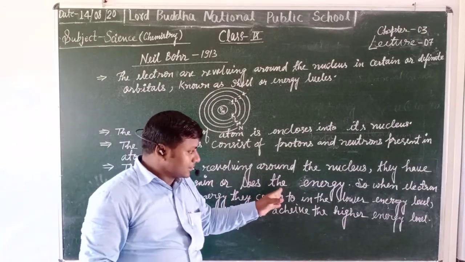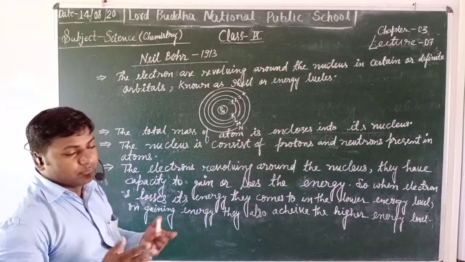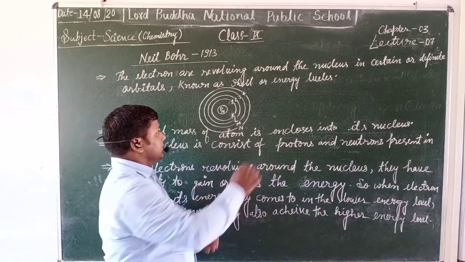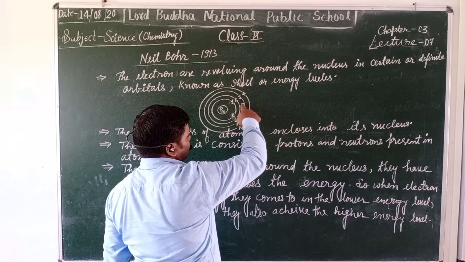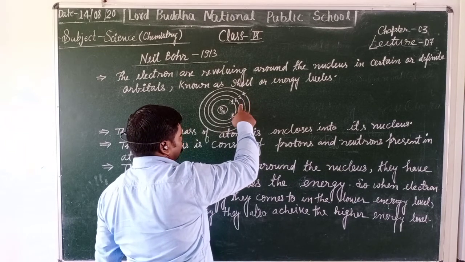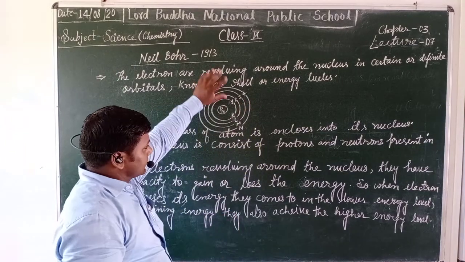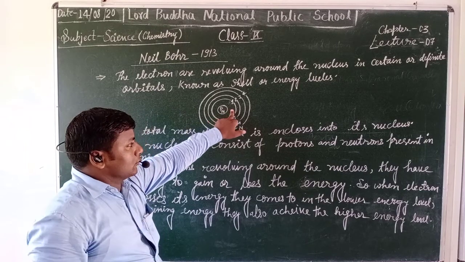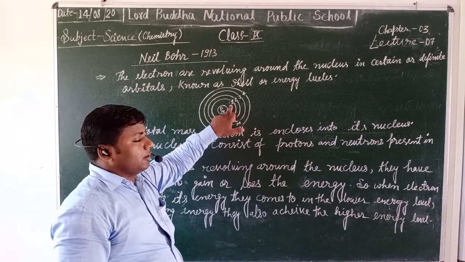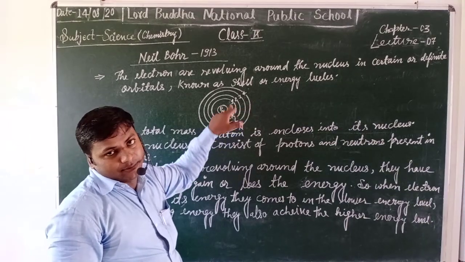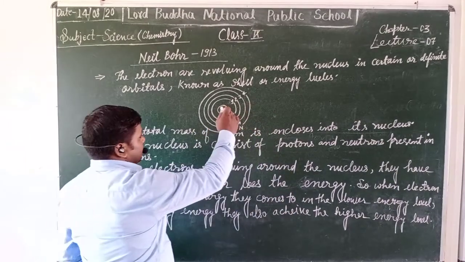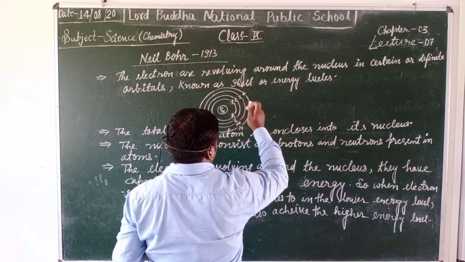If they lose their energy, then they shift down to a lower shell, or lower orbital, or lower energy level. Students, these orbitals are known as energy level, orbital or shell.